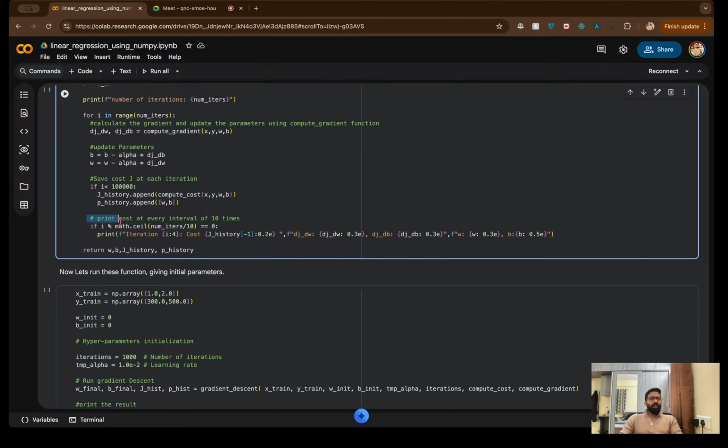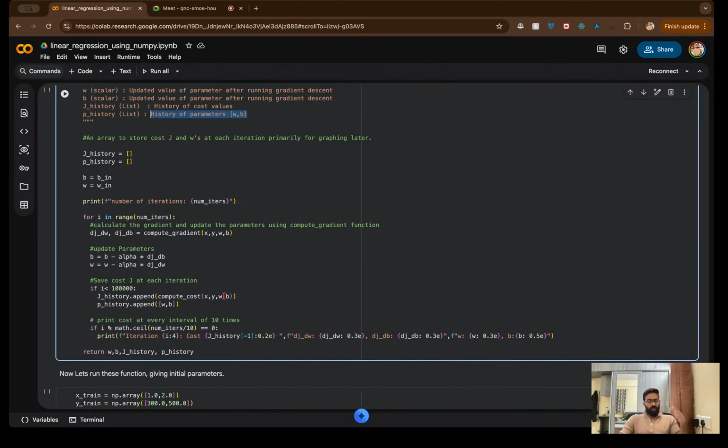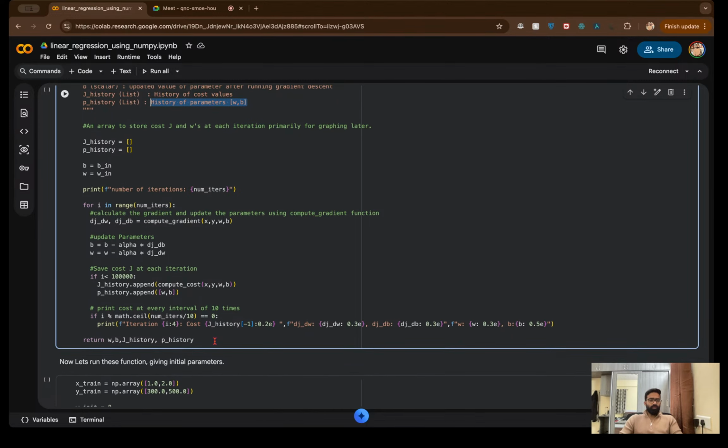Okay, and I am printing the cost at every interval of 10 iterations. On every 10th interval I am printing the cost. This is the code for printing the cost. That's it. And it will return the values of w and b, J history, and p history. J history means cost history. What is the p history? P history is the values of w and b that it went through. It will keep updating the values of w and b, right? So it will give that value.